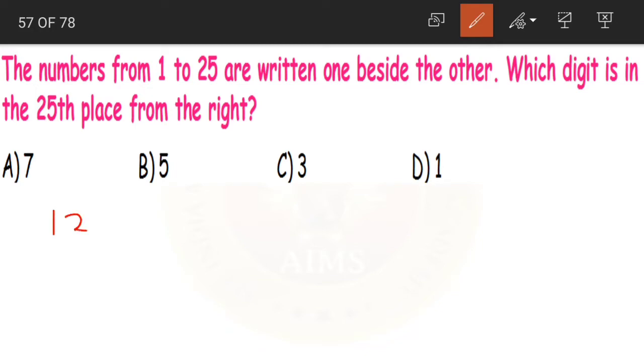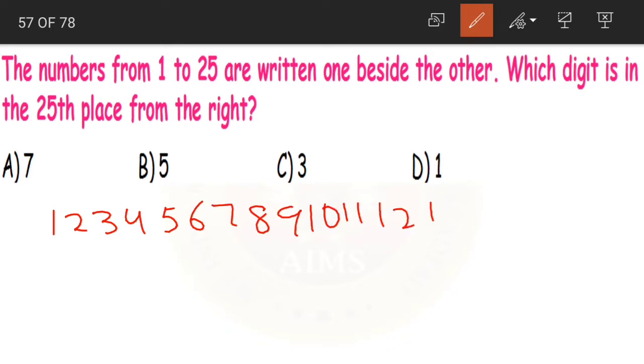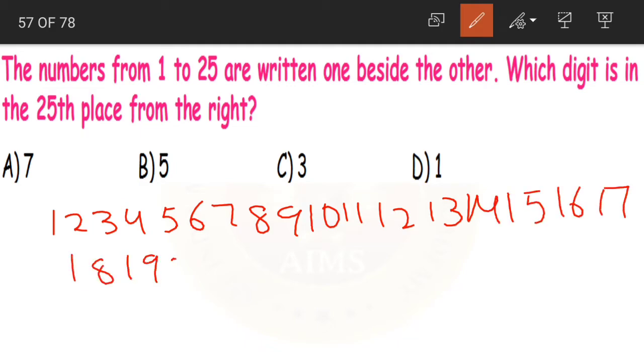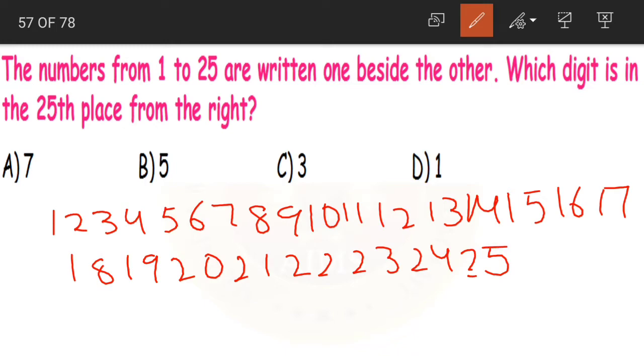It seems 1, 2, 3, 4, 5, 6, 7, 8, 9, 10, 11, 12, 13, 14, 15, 16, 17, 18, 19, 20, 21, 22 till where? Till 25. Okay, we have written one beside the other. No gap, nothing. All written as a single number. Then what should we do? Which digit is in 25th place from right?